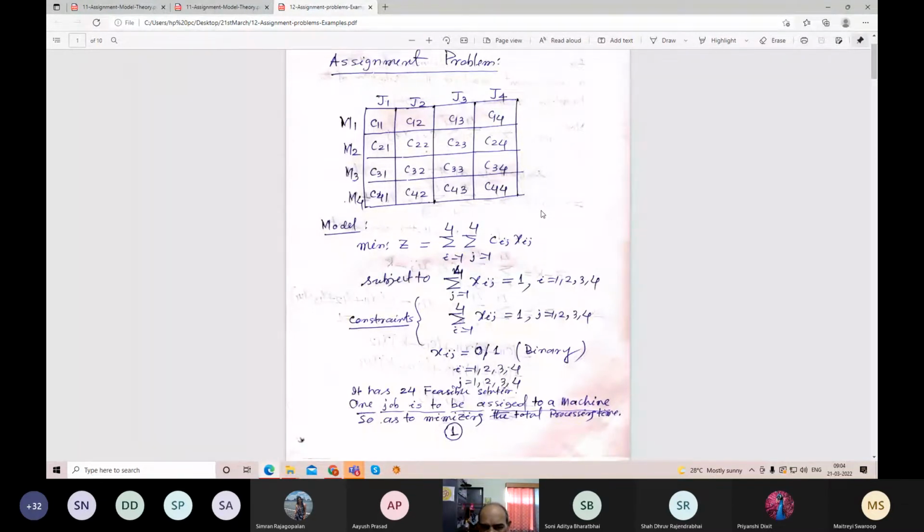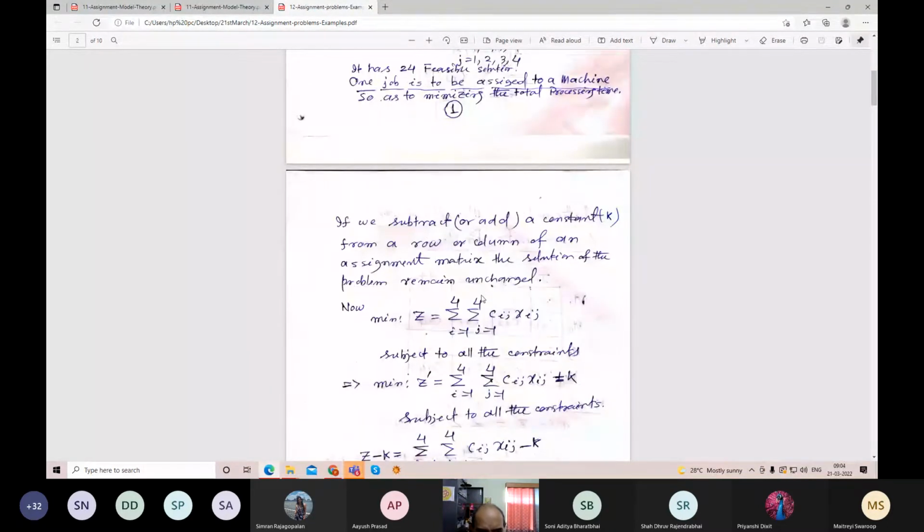Once 1 job is assigned, then to machine 2 any of 3 jobs, then machine 3 any of 2 jobs, and machine 4 the 1 remaining job. So 24 solutions are feasible. Among all the feasible solutions, we are looking for the optimal solution, which is the minimum.